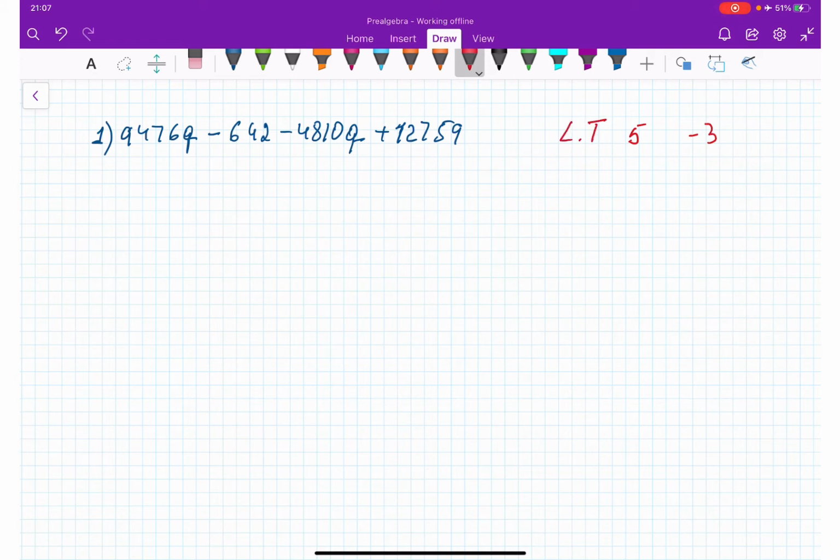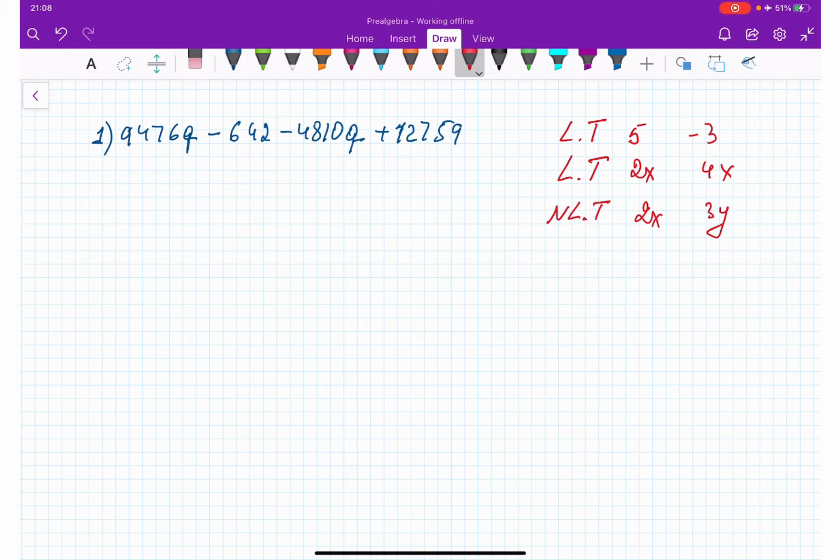If they have variables, then they have to have the same variables. Let's say 2x and 4x, same x. Those we call like terms. But if you have 2x and 3y, because the variables are different, they are not like terms.